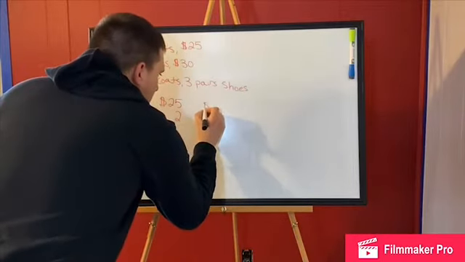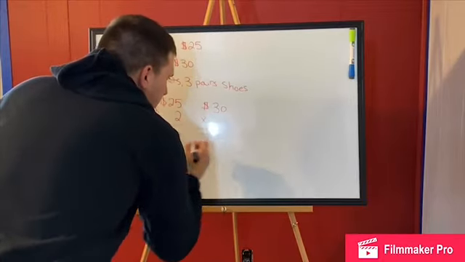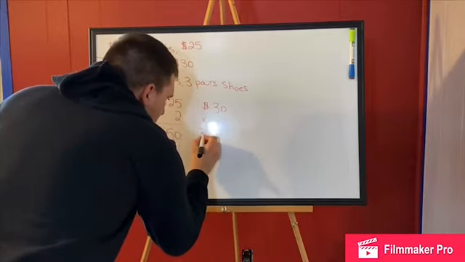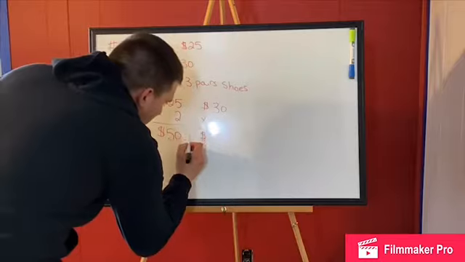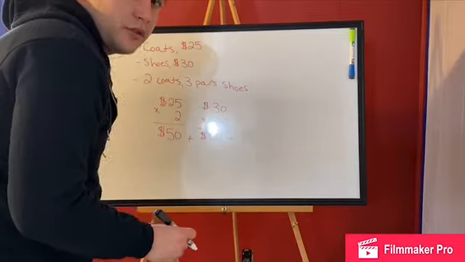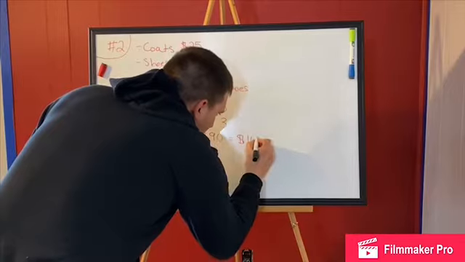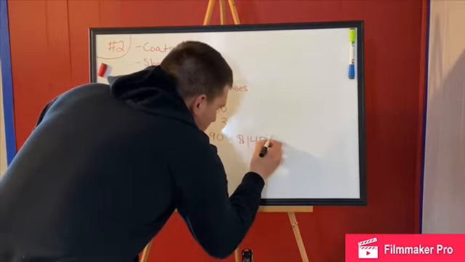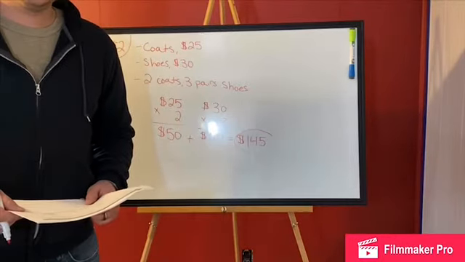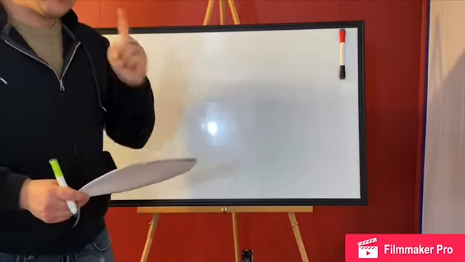So we take our $30, multiply that by the 3 pairs of shoes that she got, and we'll get $90. And then we just need to add these 2 together to get $145 total. And that is what we have to write in the blank. Let's move on to question number 3. Only one more to go after this.